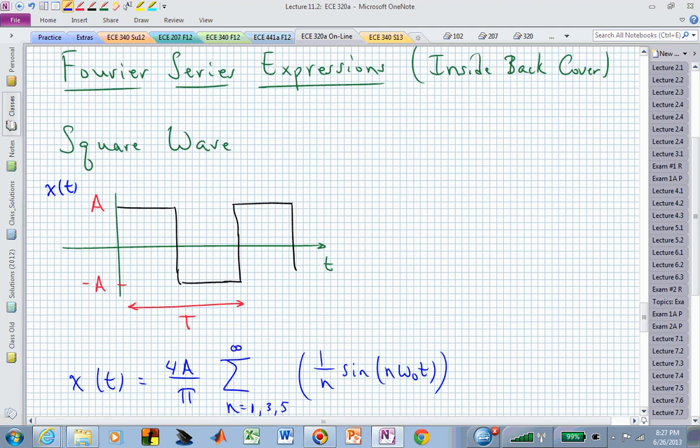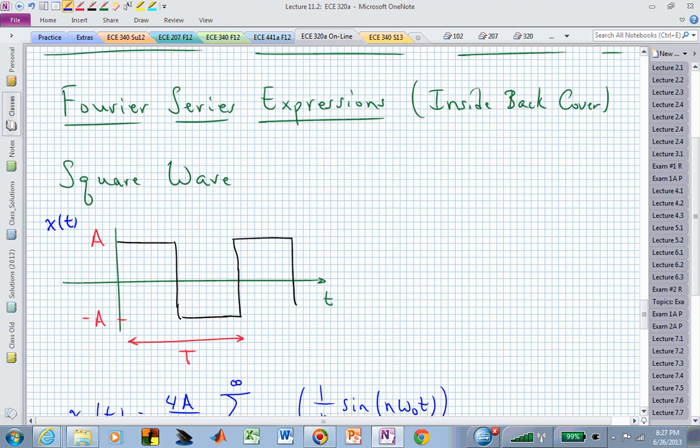And that will be important in computing these A's and B's for specific periodic waveforms.